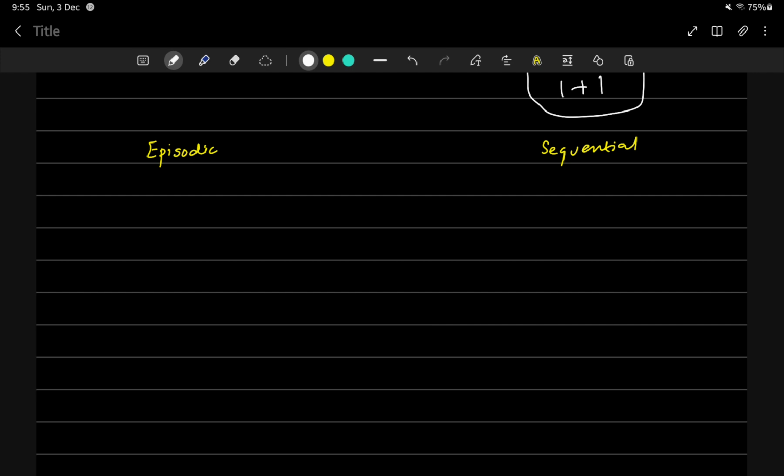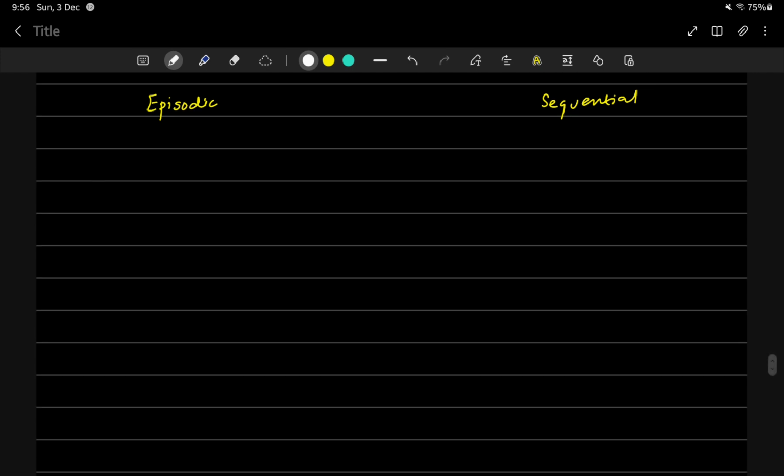In an episodic environment, the agent's experience is divided into independent episodes. Each episode is a self-contained sequence of actions, and the outcome of one episode does not affect subsequent episodes.